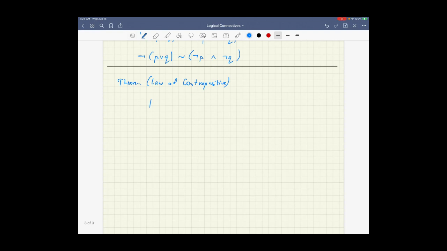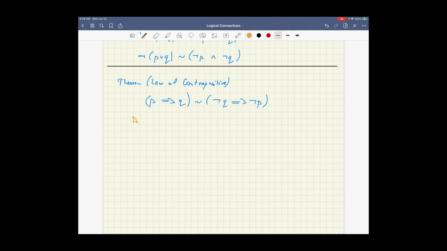This one says that P implies Q is logically equivalent to not Q implying not P. Let me check this one. It's really, really easy.